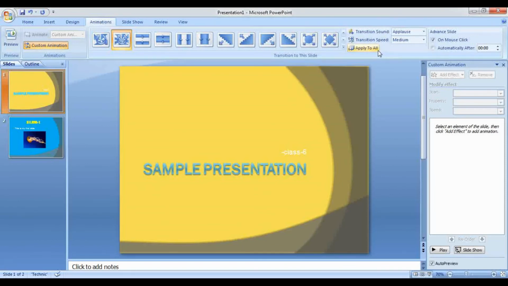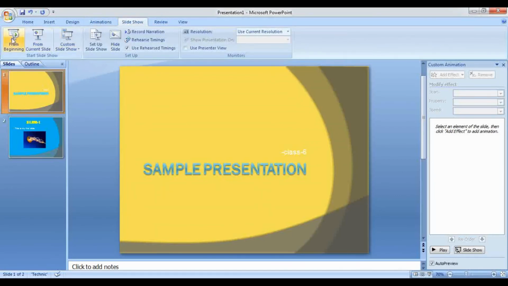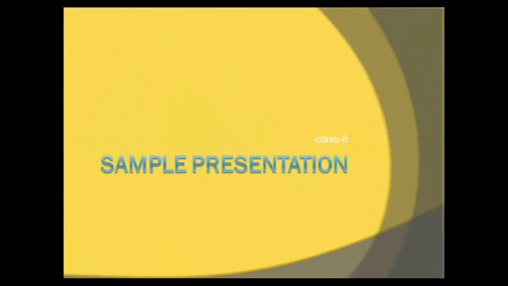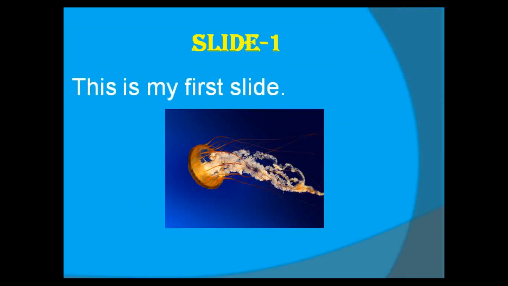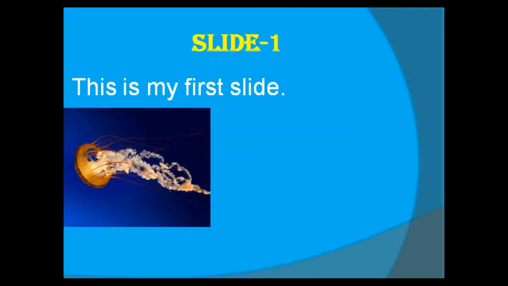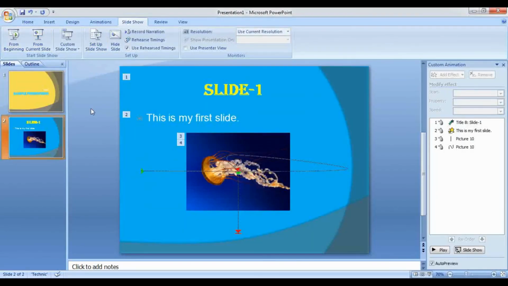So you can set them all, and then you can simply just slide show your presentation and see how it works. So all the animations are going to appear here. There you go. So this is how you will apply the animation effects and the transition effects on your slide.